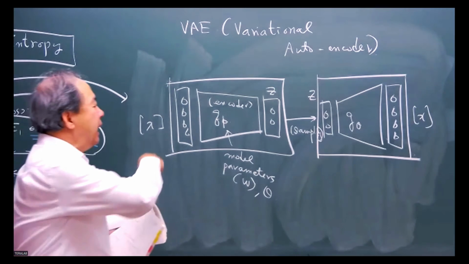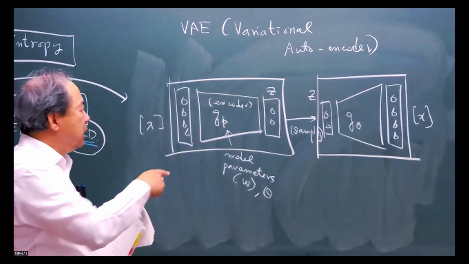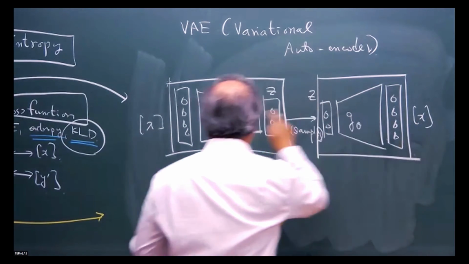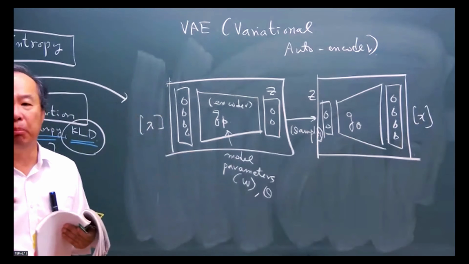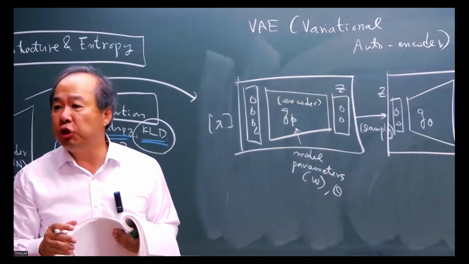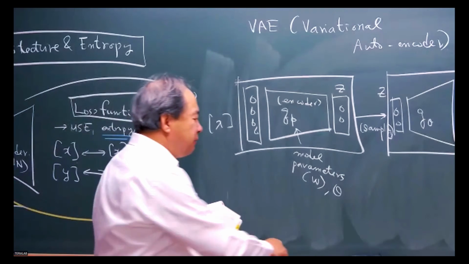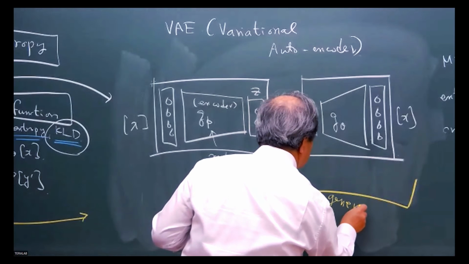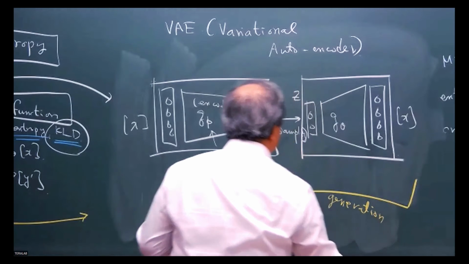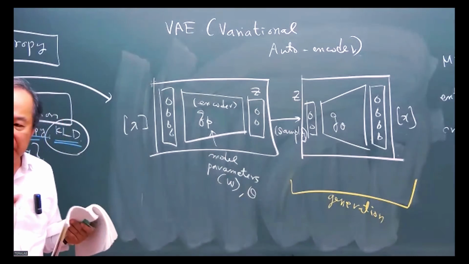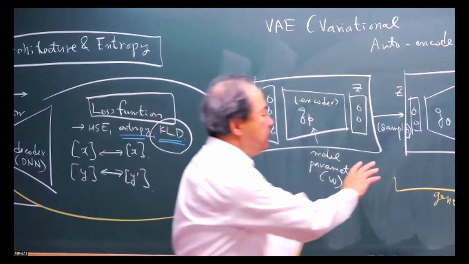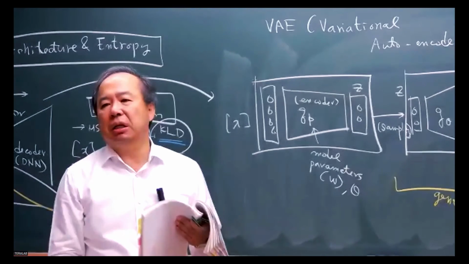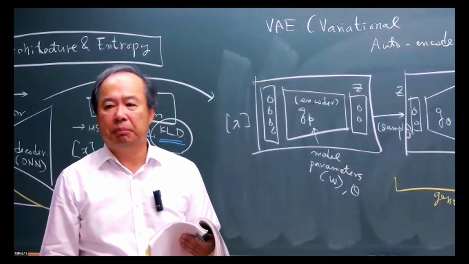Let's assume that it has good training, then the entropy, actually the KL divergence of output and input, will have almost the same numbers. That is the result of good training. Then after the training, you just use the decoder part for generation. You manipulate g in the g space, and then you can generate new images. That is the overall process of training and inference.